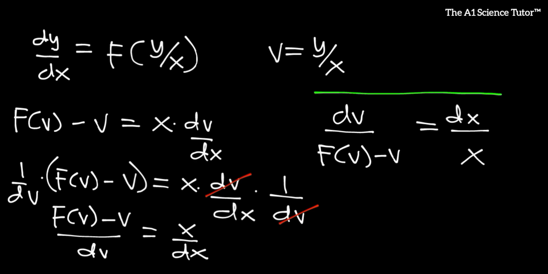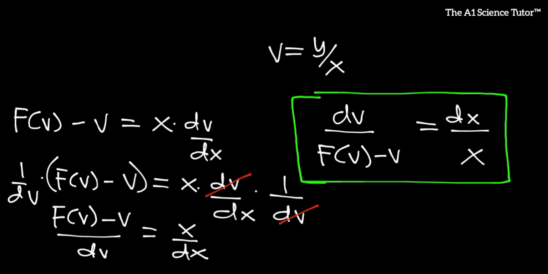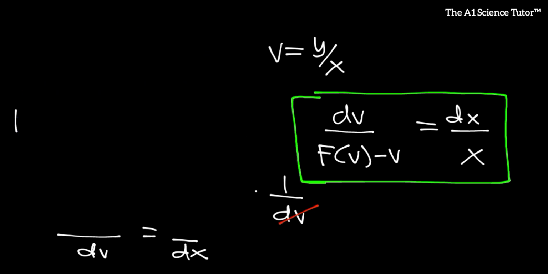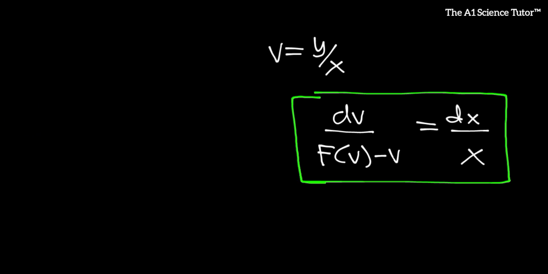This is actually the formula that is majorly used in solving homogeneous equations. So with that in mind, let us try solving this question. So let's say that you are given this question.